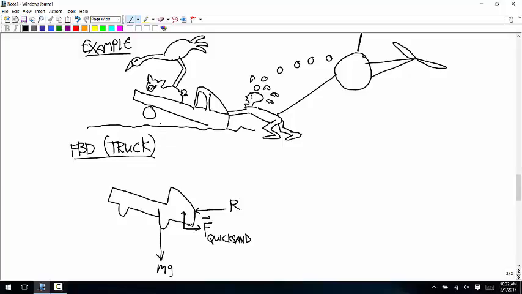The next thing we have is the force applied to the truck by the pig. I'll call that force pig. And what about the bird? Well, the bird's standing on the pig, so that will come into the problem indirectly, but in our free body diagram, this is all we need to represent.